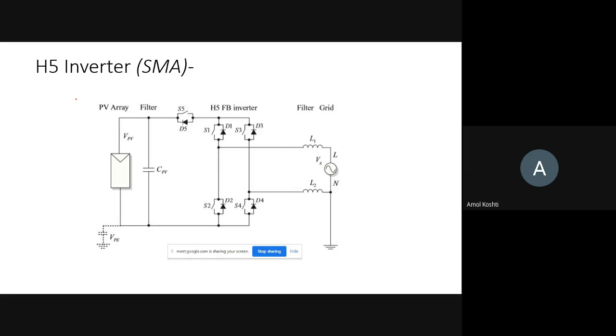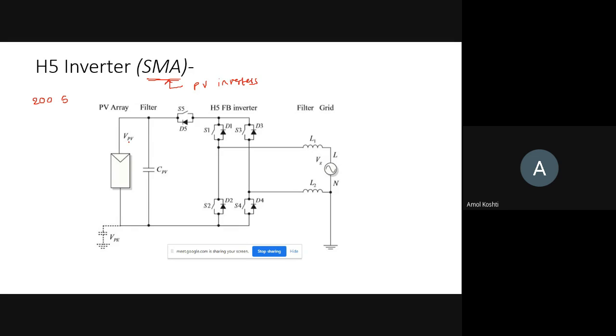In 2005, SMA, one of the companies that manufactures PV inverters, patented this topology and claimed that the output produced using this topology is higher as compared to the conventional, existing simple full bridge inverter.